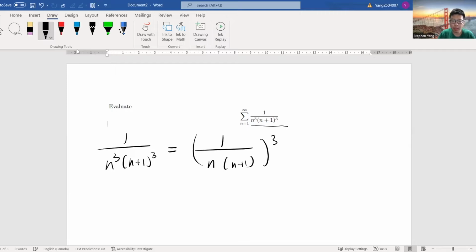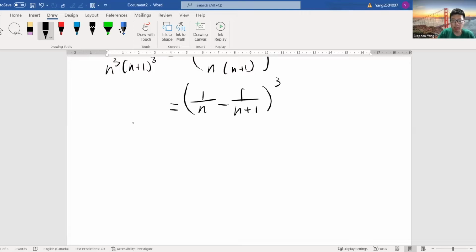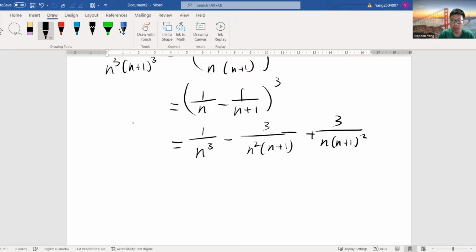The thing in the bracket we can write as 1 over n minus 1 over n plus 1, and this is cubed. Now we can easily expand this into 1 over n cubed minus 3 over n squared times (n plus 1), plus 3 over n times (n plus 1) squared, minus 1 over (n plus 1) cubed.